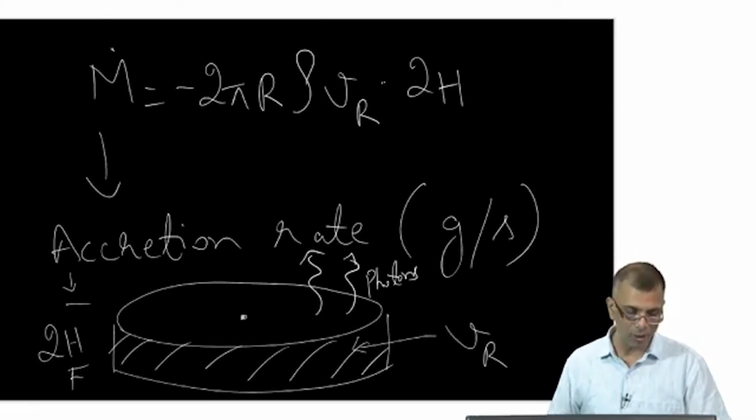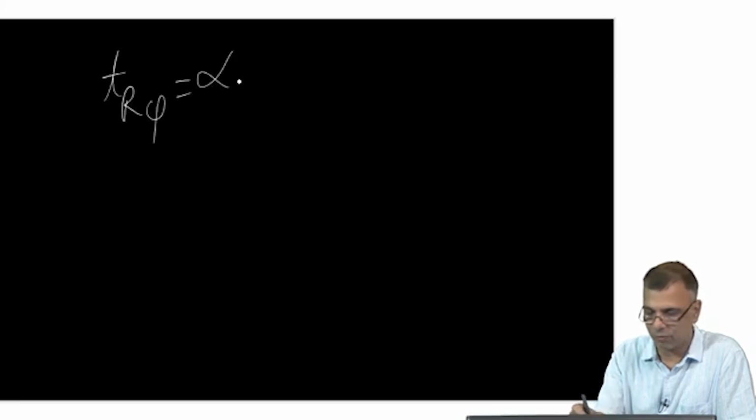So, therefore, let us now try to see what is the rate of dissipation of energy. This is the question that we are trying to address now, and where does this viscosity business come in. So, let us now go back. You remember that we were writing Tr phi is equal to alpha p.